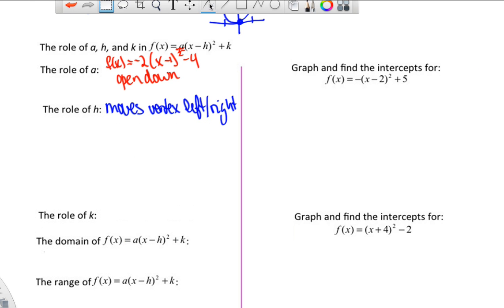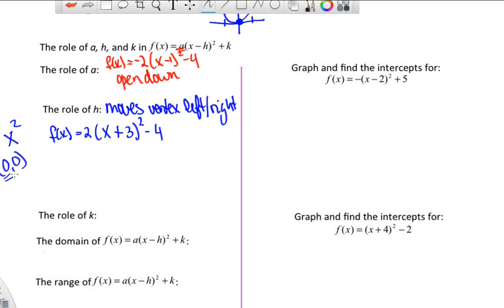So let's look at another example of this. What if I still have f of x is 2, and now I say x plus 3 squared minus 4. Now if you want to know which way it moves, keep in mind that normally in x squared, the vertex is at 0, 0, and the lowest point there is at 0, 0.